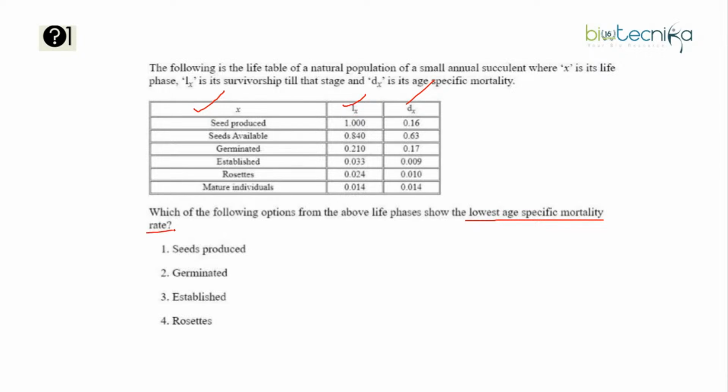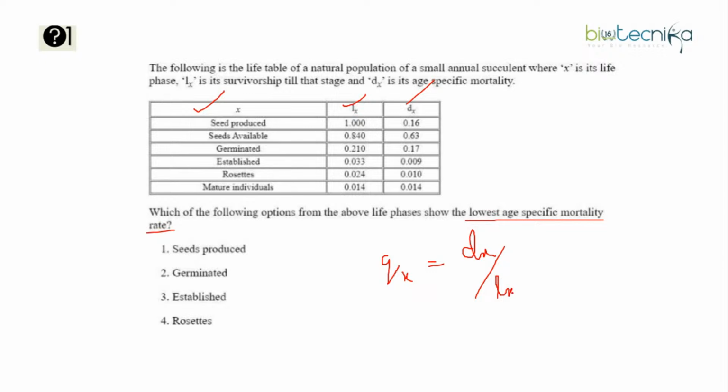No? Okay, so age specific mortality is represented as Qx, and that equals dx by Lx.